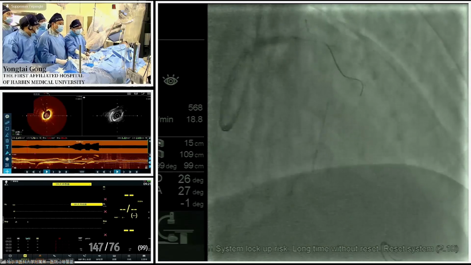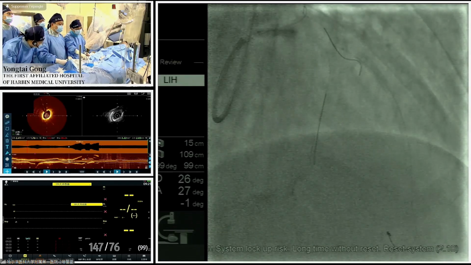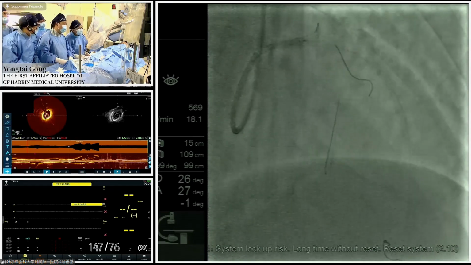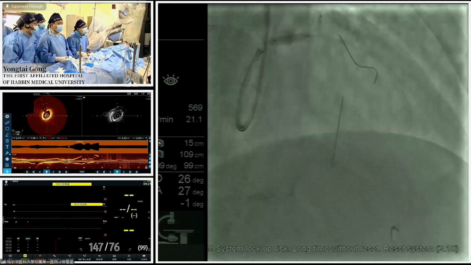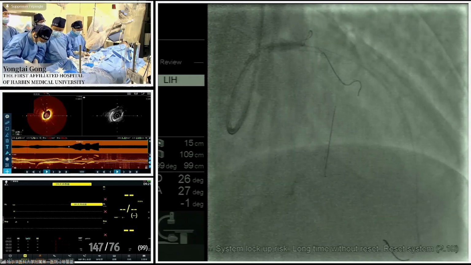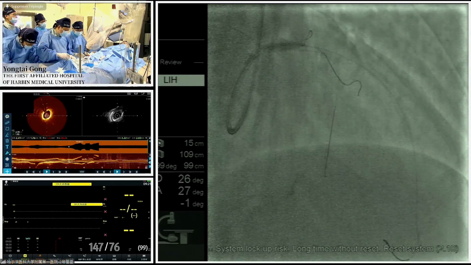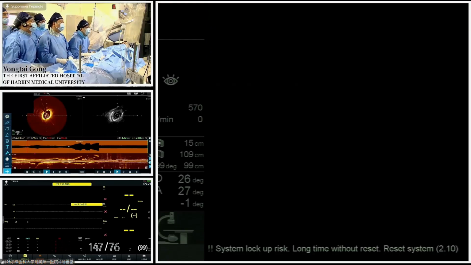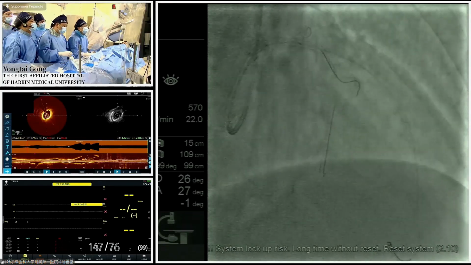Compared with RA, IVL is very safe, and the risk of no flow is very low. Of course, inherent to its concept, calcium fragments remain in situ after IVL treatment, potentially reducing the occurrence of slow flow or no reflow. All right, let's see how the IVL works.